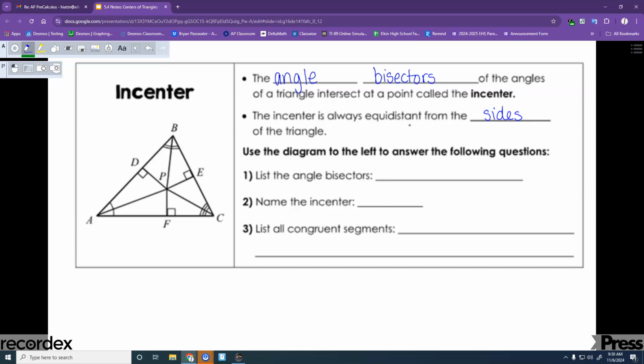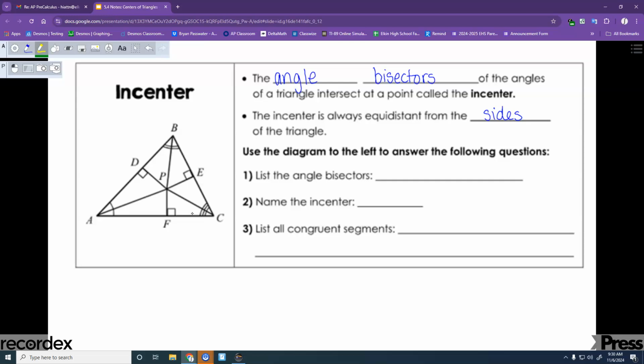So if we look at this, it is easy to get these mixed up with perpendicular bisectors when you're looking at the picture because they look very similar. But point F right here is definitely perpendicular. Does it cut AC in half? It does not. Okay? So this is not a perpendicular bisector.